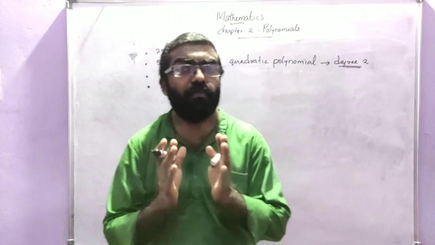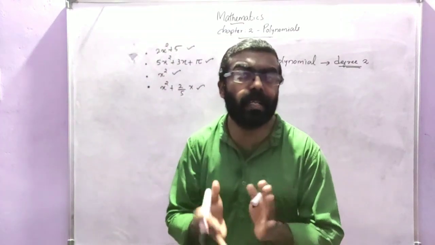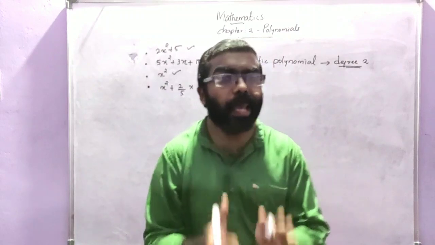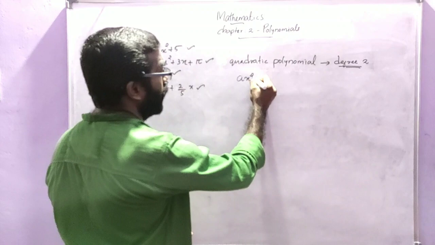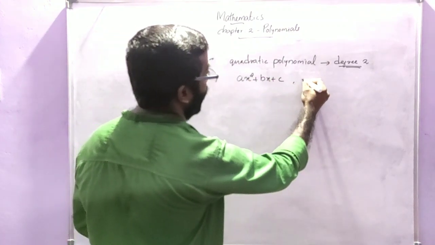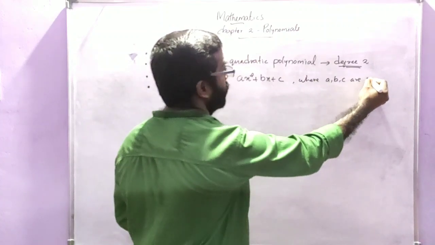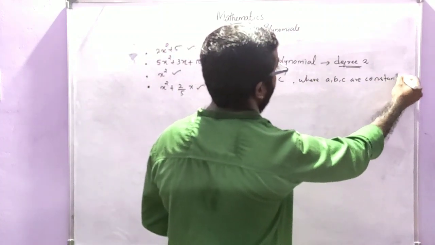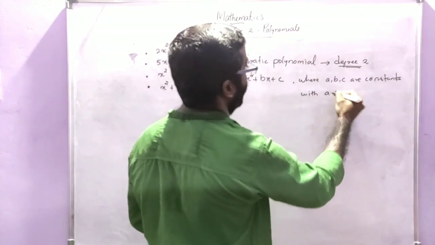If you list a few more quadratic polynomials, you will find that any quadratic polynomial in x is of the form ax square plus bx plus c, where a, b, c are constants with a not equal to 0.